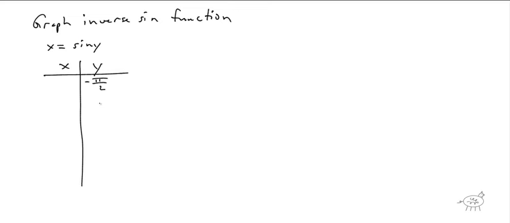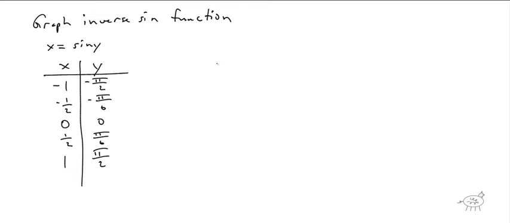So negative pi over 2, negative pi over 6, 0, pi over 6, and pi over 2. So we can get an idea of what it's going to look like. And you got negative 1. Sine of negative pi over 6 is negative 1/2. You guys should remember all this stuff from a few chapters ago. 0, positive 1/2, and positive 1.